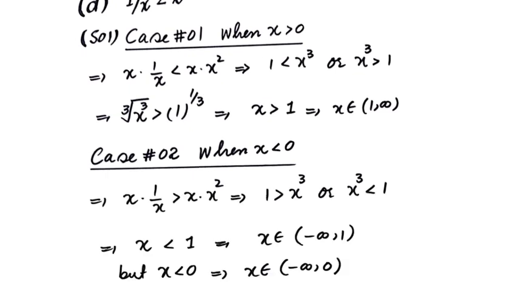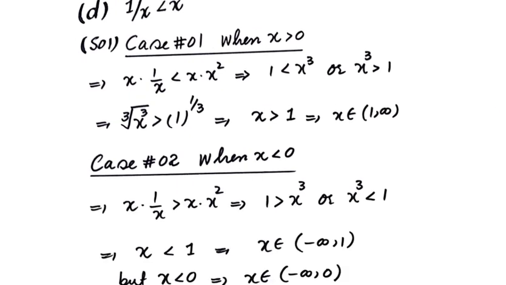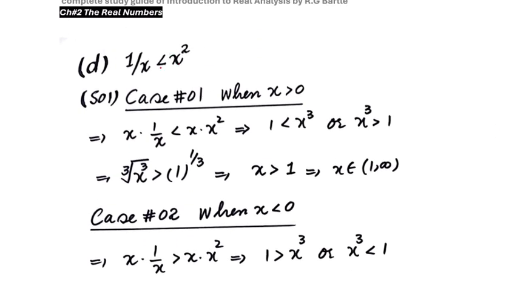The last part of question number 16. In this question, our inequality is 1 over x less than x square. I will do this part the same as the C part. When x is positive, multiply on both sides by x, the sign of inequality will not change. This gives 1 less than x cube, or x cube is greater than 1.